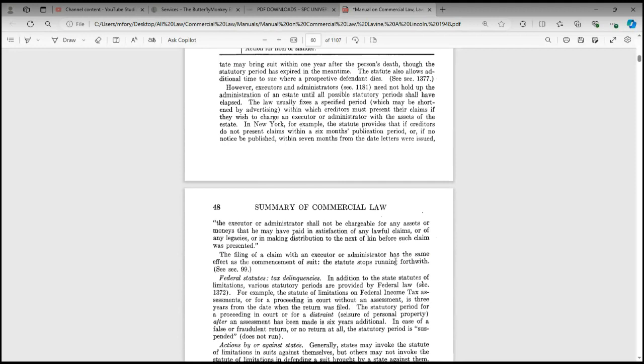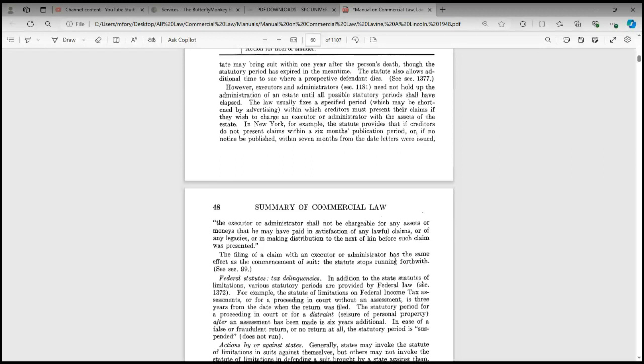The law usually fixes a specified period, which may be shortened by advertising, within which creditors must present their claims if they wish to charge an executor or administrator with the assets of the estate.